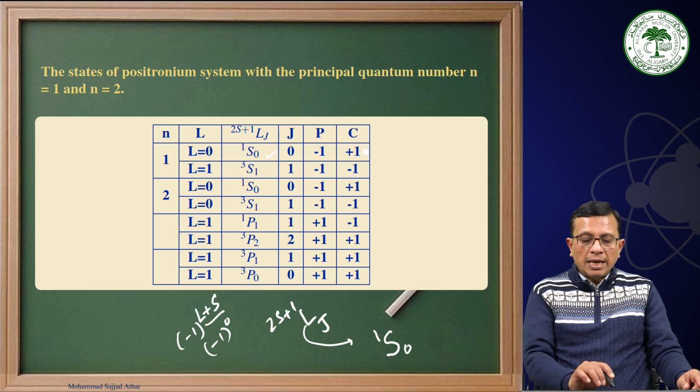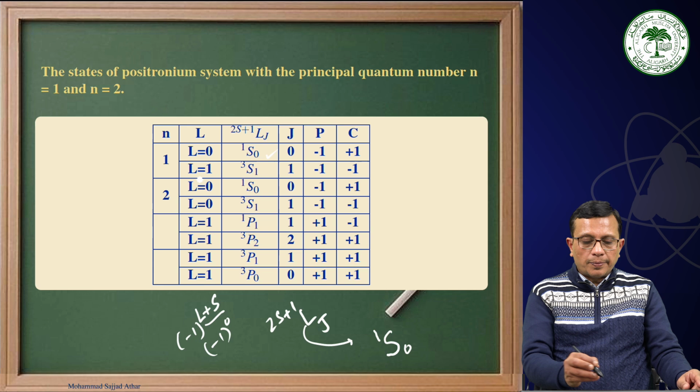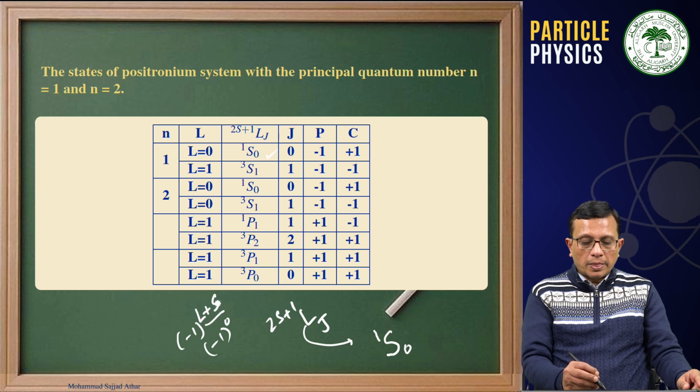Now, when L is 1, notice what is happening: n is still 1, and C is equal to minus 1 because L is 1 and S is 0.